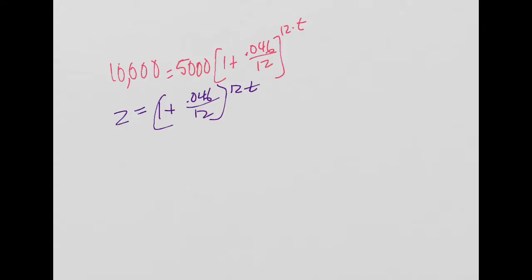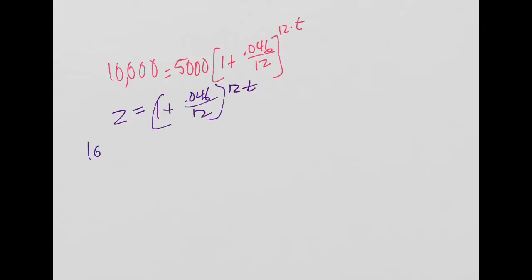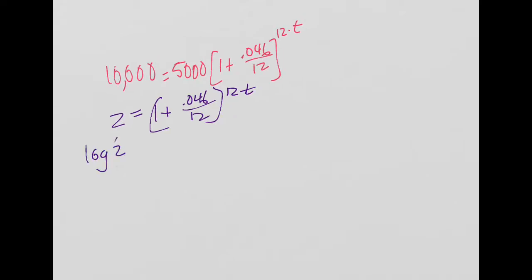So I need to use logs to get that exponent down. So I'm going to take the log of both sides, so I'll get log of 2 equals the log of that whole thing, 1 plus 0.046 divided by 12 raised to the power of 12t.